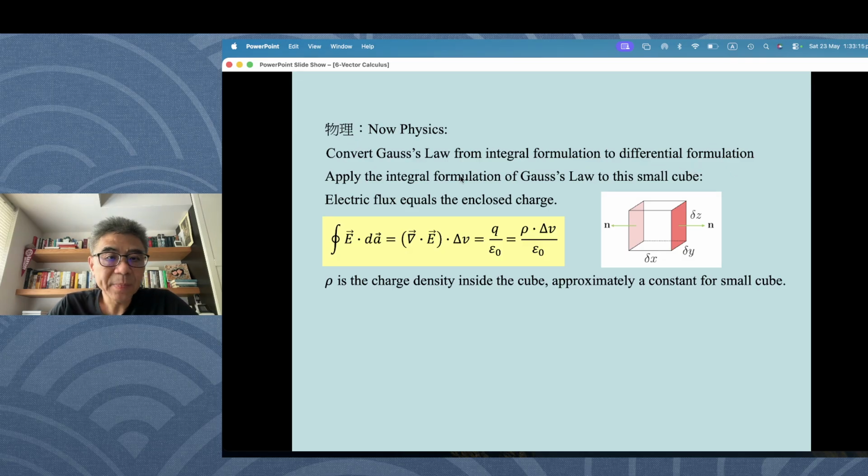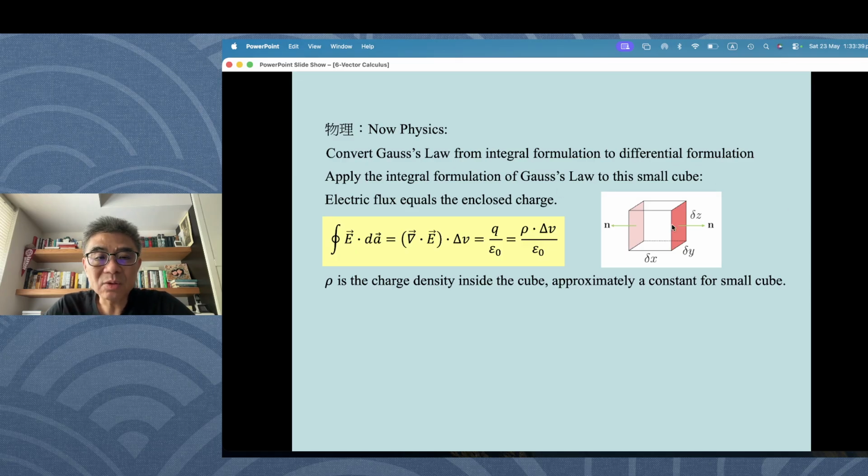It is easy. I can just apply the integral formulation of Gauss's law to a small cube. The integral formulation of Gauss's law is applicable to any Gaussian surface, so it is also applicable to a small cube.